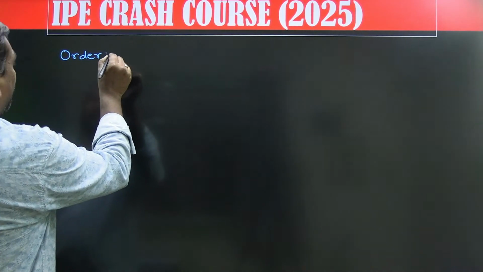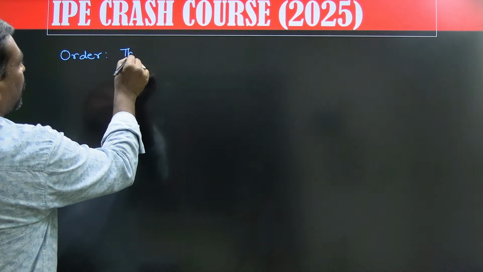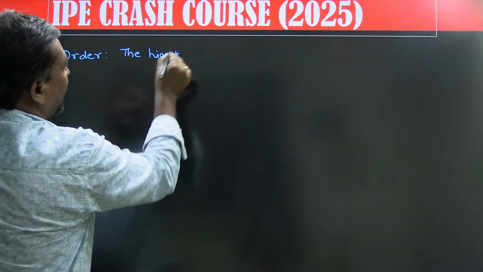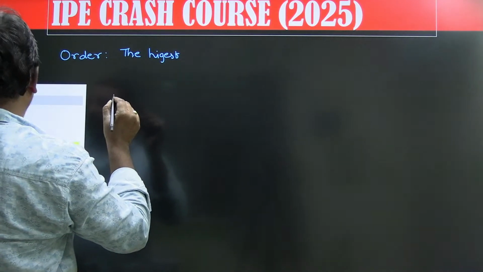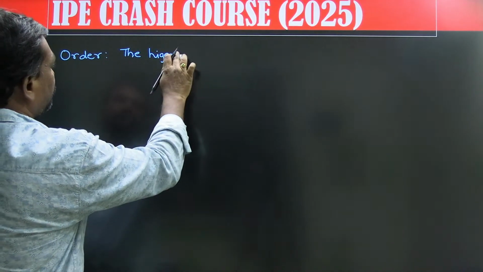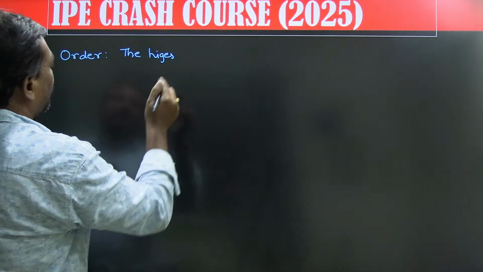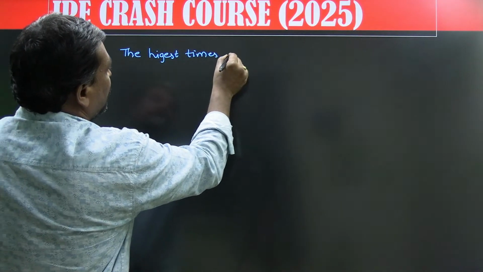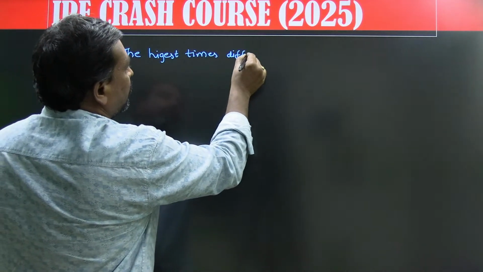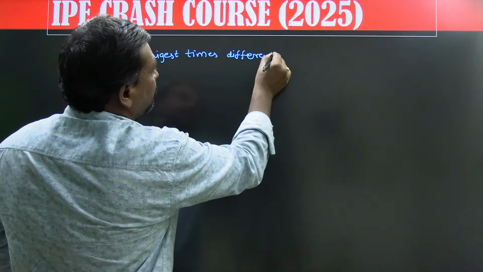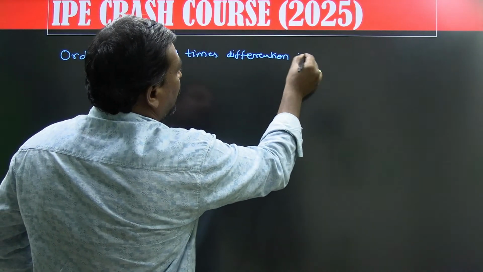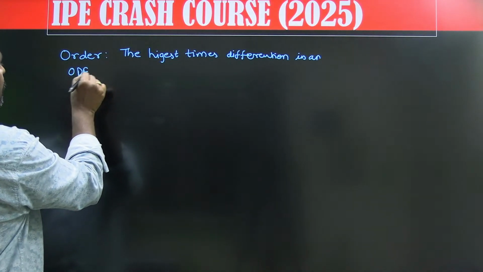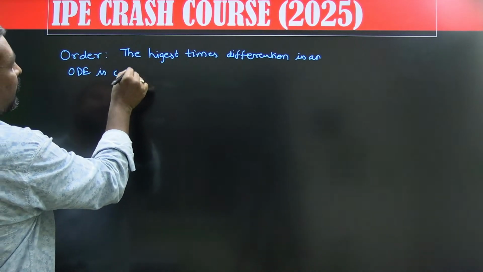Order is the highest number of times of differentiation in an ordinary differential equation; this is called order.